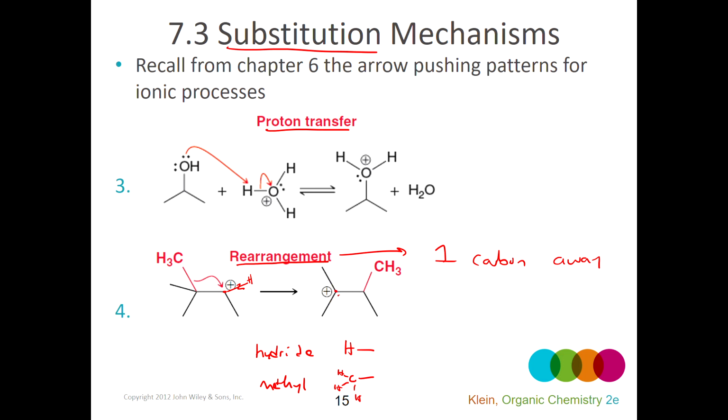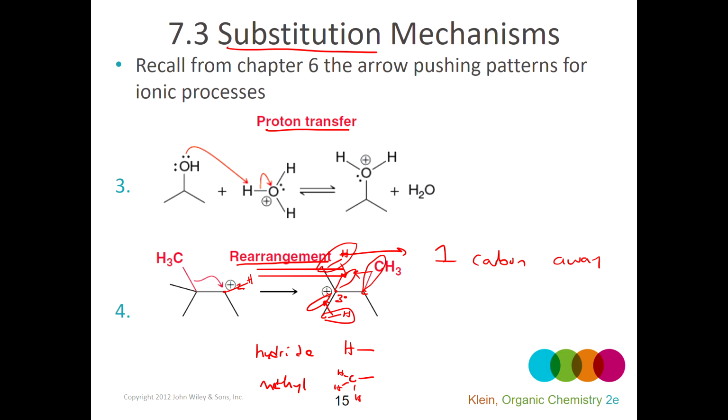If I have a positive on a tertiary carbon, it's usually more stable because the carbons that are attached can rotate a sigma bond, whether it be a CC sigma bond or a CH sigma bond, into the same plane as the empty p orbital here. And so donating electron density into that p orbital by rotating the sigma bond into a position where it's parallel with that p orbital really helps to stabilize that positive charge because more electrons move around that nucleus and stabilize a little bit. So the more hyperconjugation you can do, the more stable the carbocation.